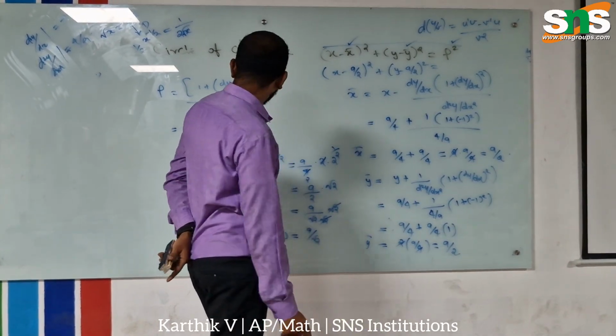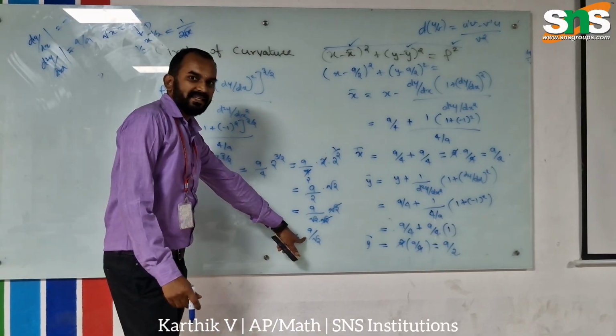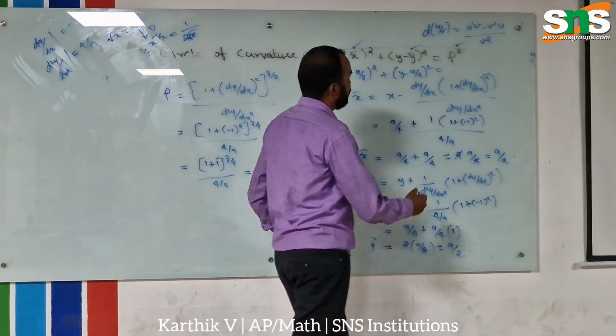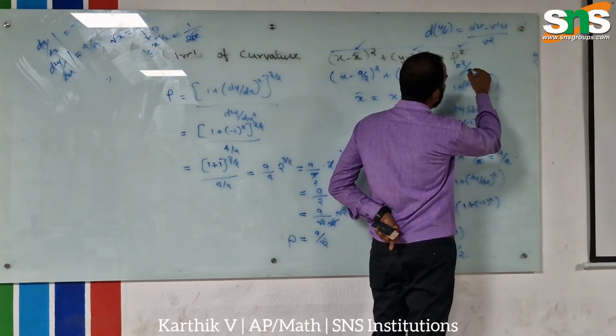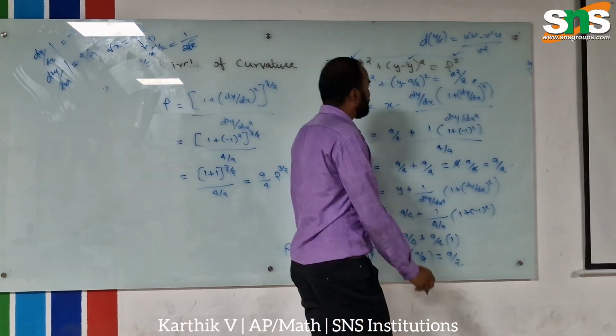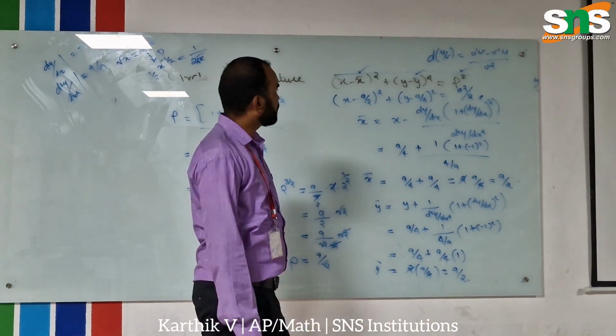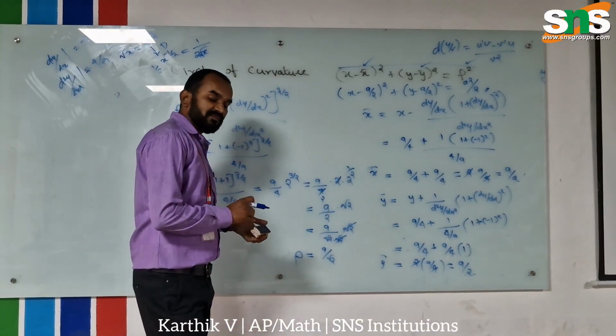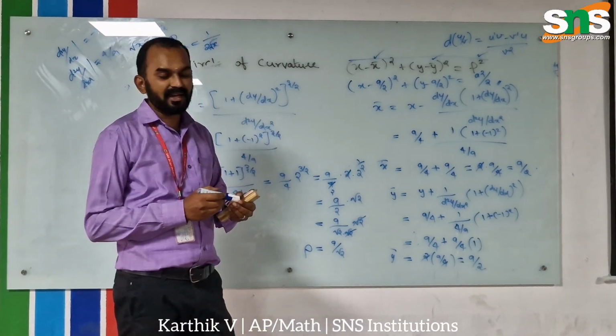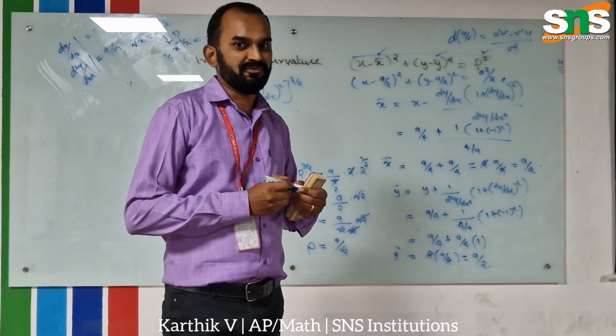What is the value of rho? Rho is a divided by square root of 2, so rho square is a square divided by 2. So this is our final answer: the circle of curvature for the curve square root of x plus square root of y equals a at the point a by 4, a by 4. Thank you.